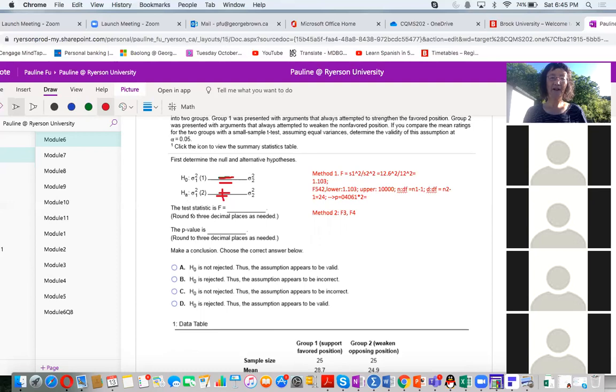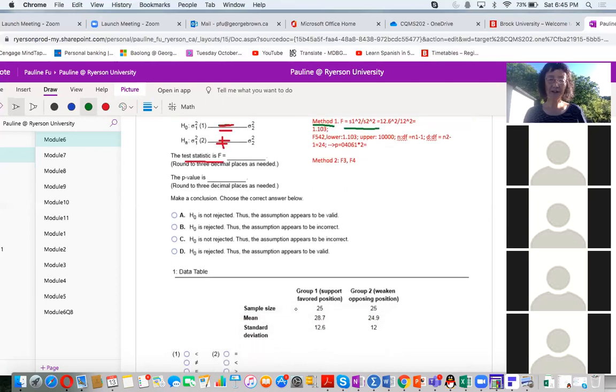And the next, ask you what is the test statistic? Okay, I'm going to use 2 methods. Method 1, use a formula. So test statistic F equal to S1 square divided by S2 square. Summary statistic is given. See, standard deviation. So this is S1, this is S2.